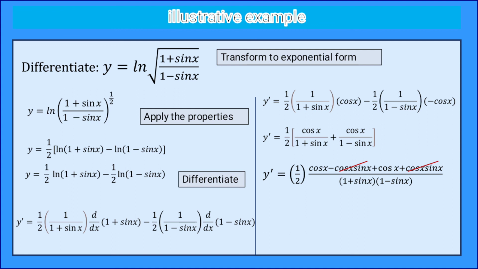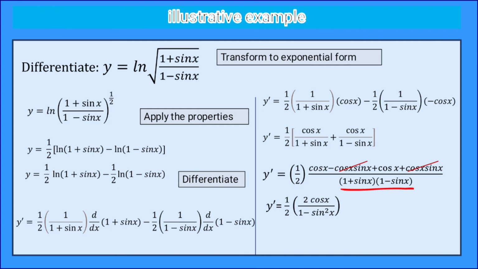Okay, we are now beginning to simplify the equation, and we are going to get 1/2 times 2 cosine x. We just combine the 2 cosine x's from our previous equation. That's why we have 2 cosine x over 1 minus sine squared x.